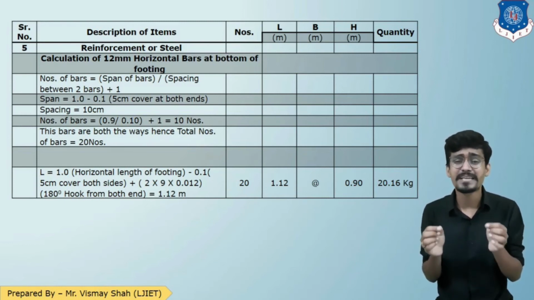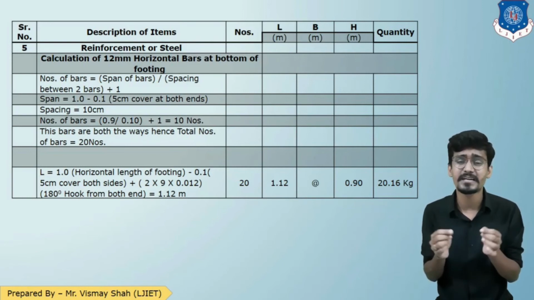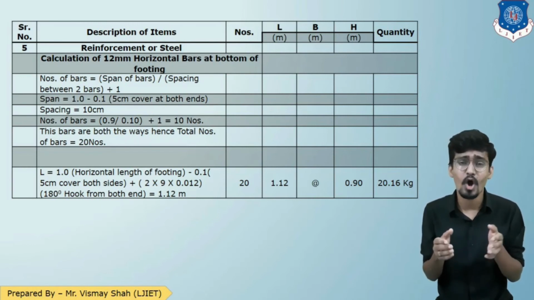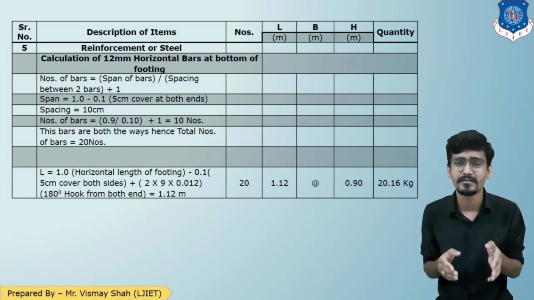Now, there is a 5 centimeter side cover at both sides. So deducting this 5 centimeter from both sides, 10 centimeter, 0.1. So span will be 0.9. The center to center distance is 10 centimeter. So putting in all the values, we'll get the number of bars as 10.